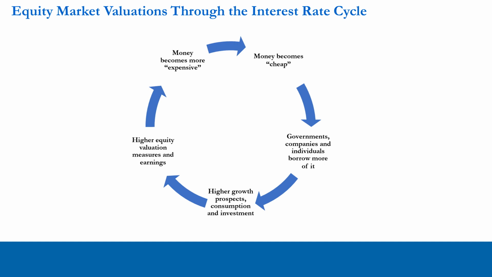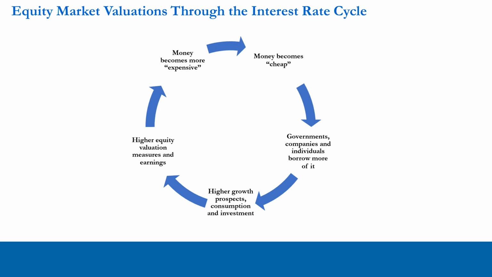What happens? The economy starts moving. Governments, companies, and individuals borrow more of it. We enter a phase of high growth. So we get higher growth prospects, lots of consumption and investment. What happens to equity market, stock market valuations? We get higher equity market valuations and higher earnings. And then what happens?